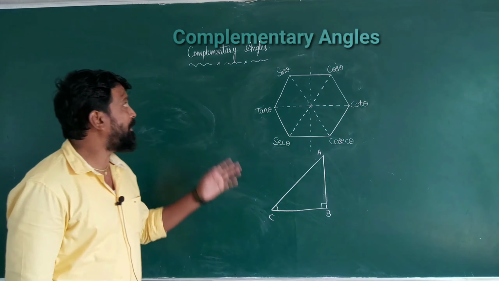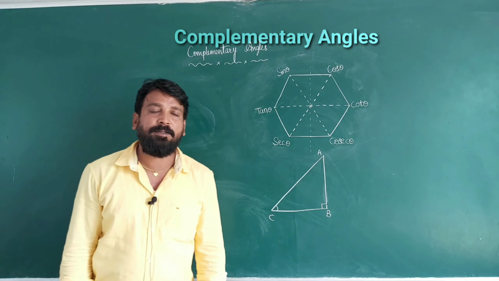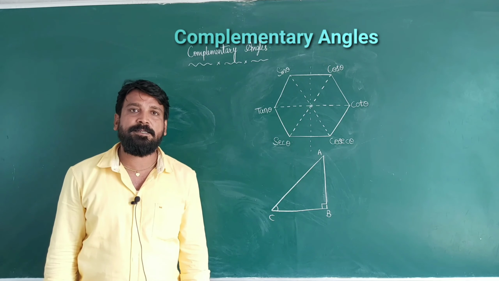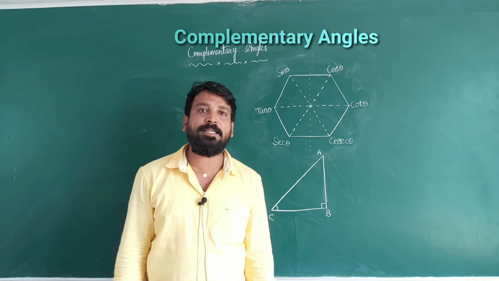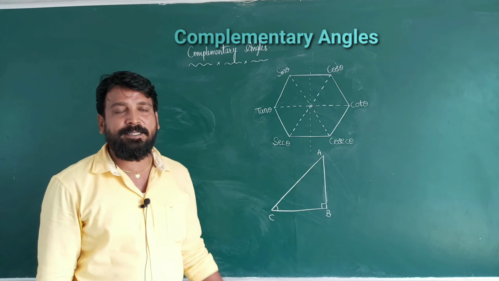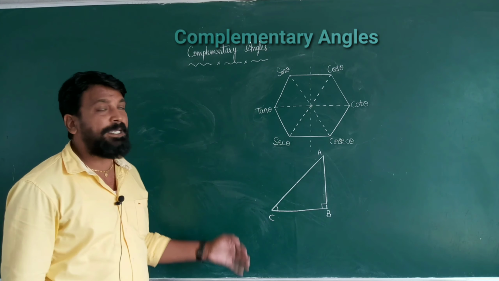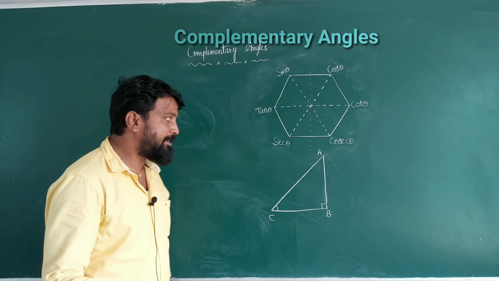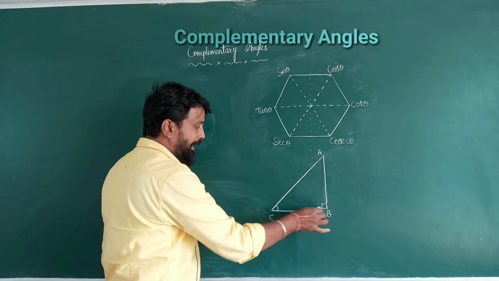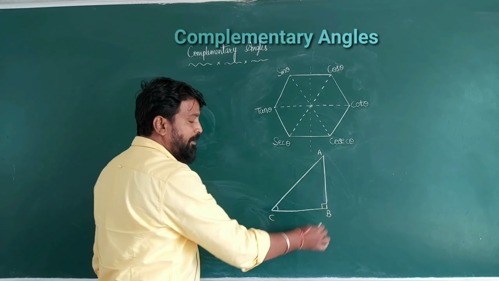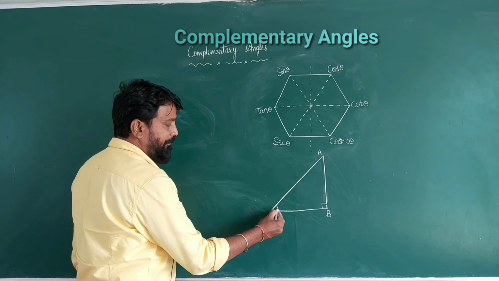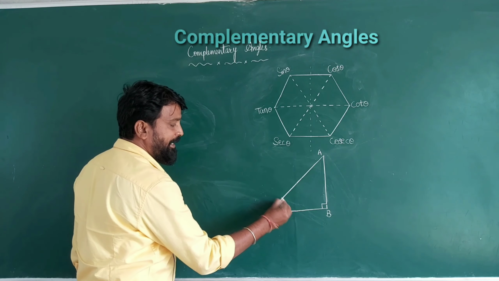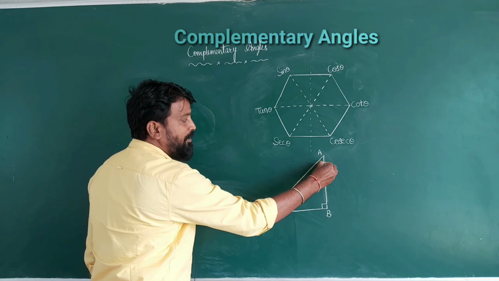We will discuss complementary angles. What is meant by complementary angles? If the sum of two angles is 90 degrees, then the angles are said to be complementary angles. For example, in a right angle triangle, if angle B is equal to 90 degrees and angle C is equal to theta, then how much is angle A?